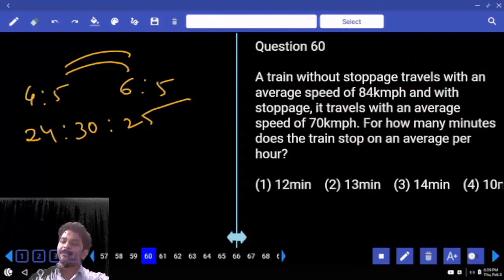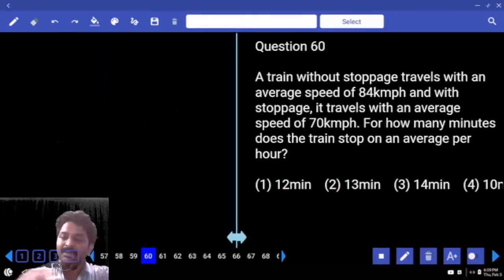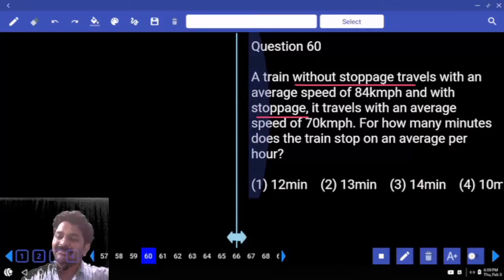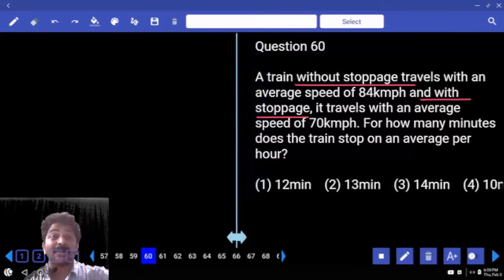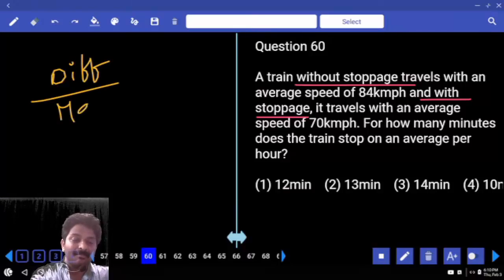A train without stoppage travels with an average speed of 84 km per hour, and with stoppages it travels with an average speed of 70 km per hour. For how many minutes does the train stop on an average per hour? When you are given speed without stoppages and with stoppages and asked to calculate stoppage time, just go for the difference of speeds by maximum speed.